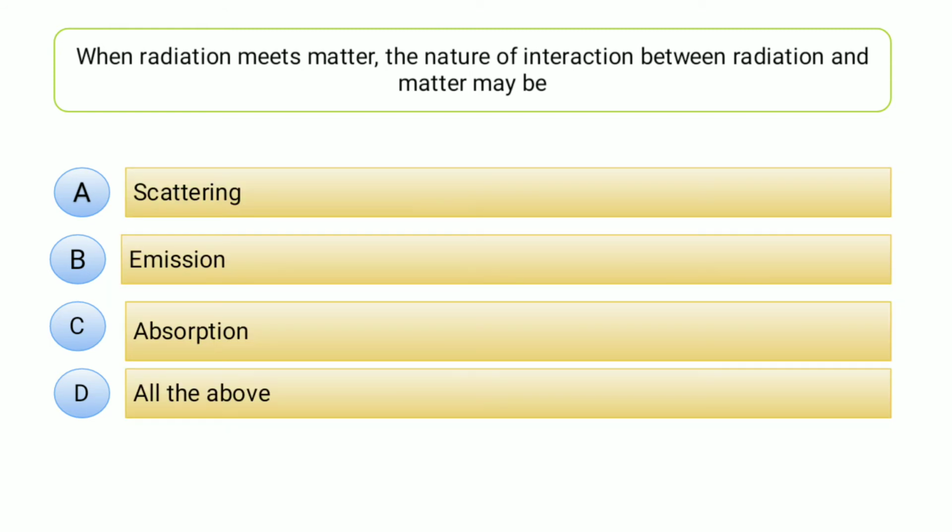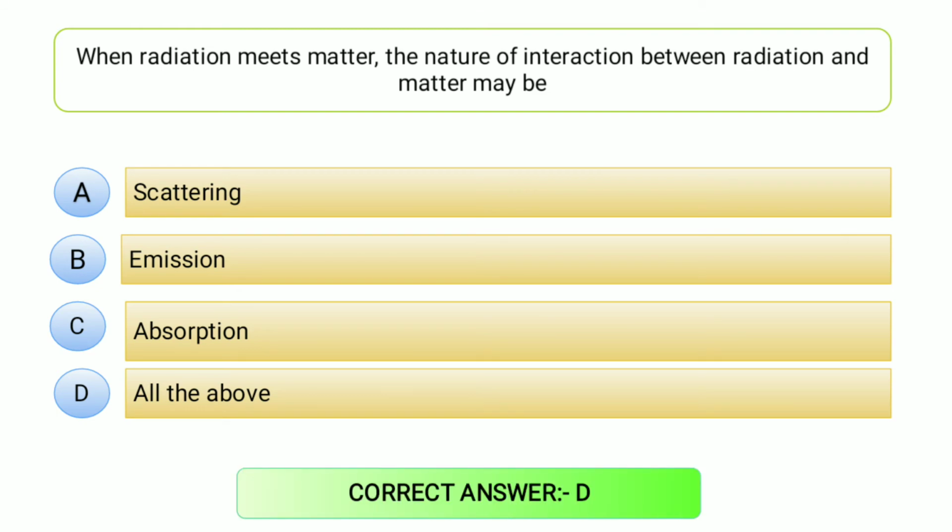So students, the correct answer for this question is option number D, that is all of the above. Whenever radiation meets matter, it may either scatter, or emit, or absorb. Therefore the correct answer is all of the above.